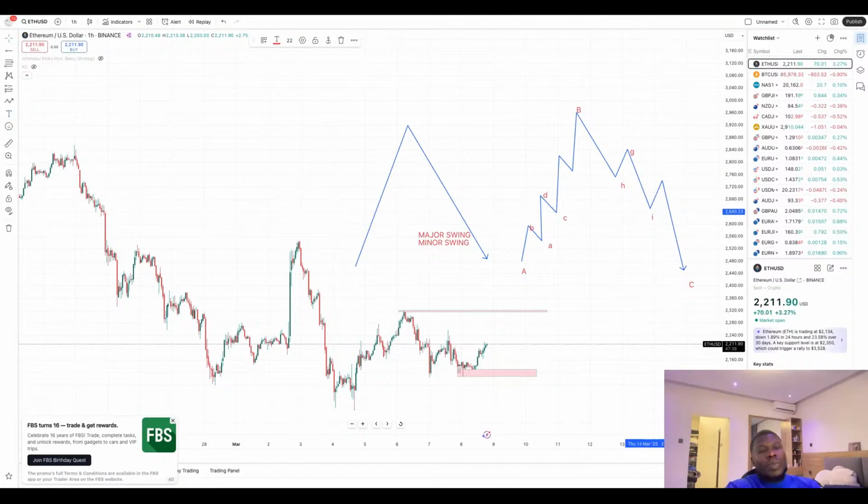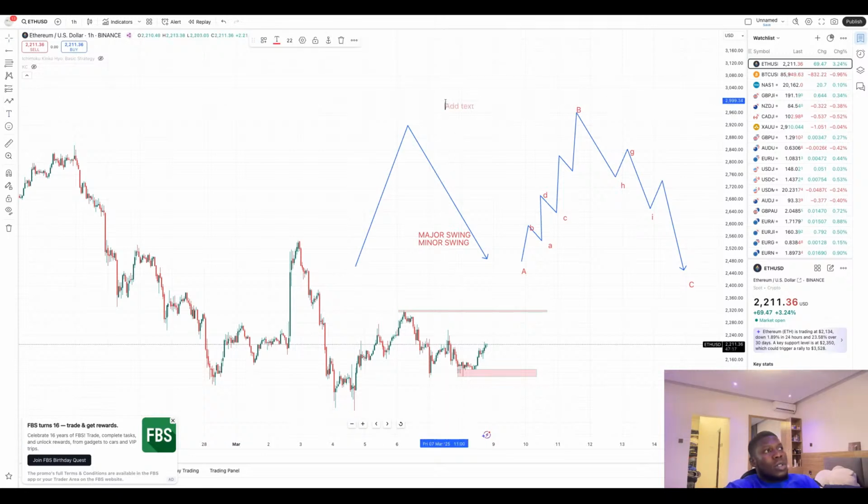I. So now the distance from point A to B is your major swing. So your major swing here is A, B. This capital A to capital B is your major swing. B to C is your major swing.